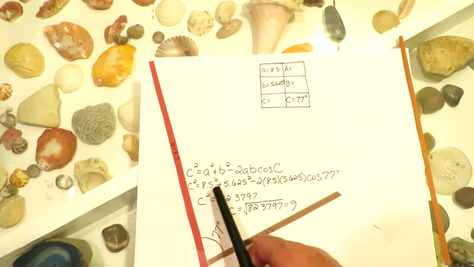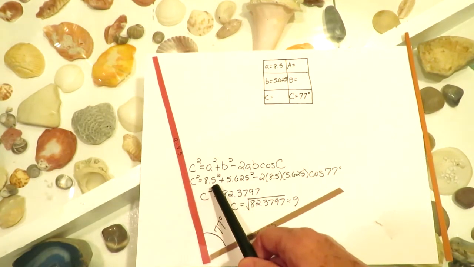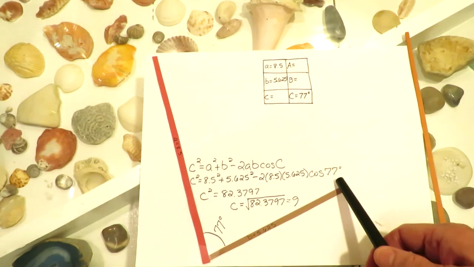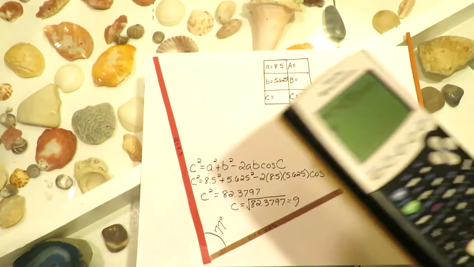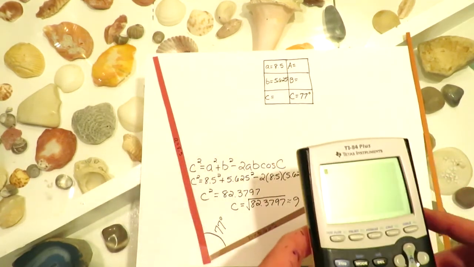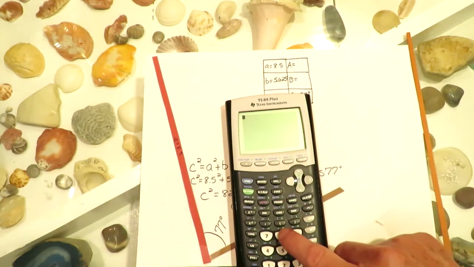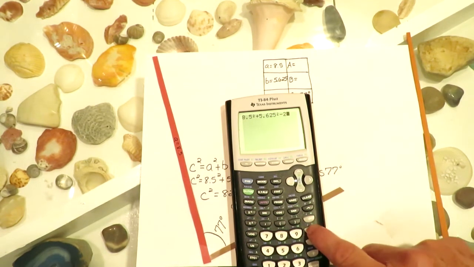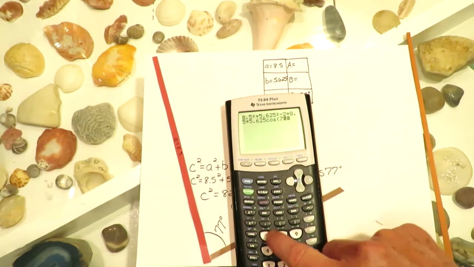So plug in the other two sides. I'm plugging in these two sides for A and B, and that gives me this calculation that's equal to C squared. And by the way, you can type that whole thing in on your calculator. You can type 8.5 squared plus 5.625 squared minus 2 times 8.5 times 5.625 cosine of 77 degrees.